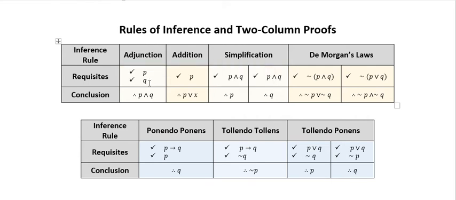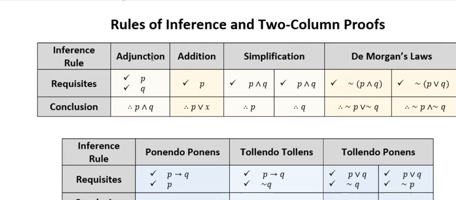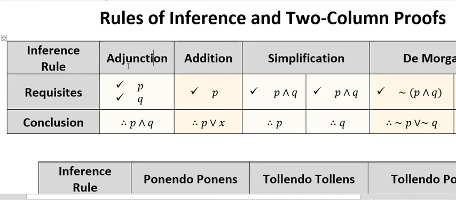Okay. Now I need to clarify something. These letters that you might see here, you have a P in here and you have a Q in here, but that doesn't mean that you need to have those letters. It can be any letter, and you can use the rule. Doesn't matter which letter you have. The rules are not limited by the letters or the symbols.